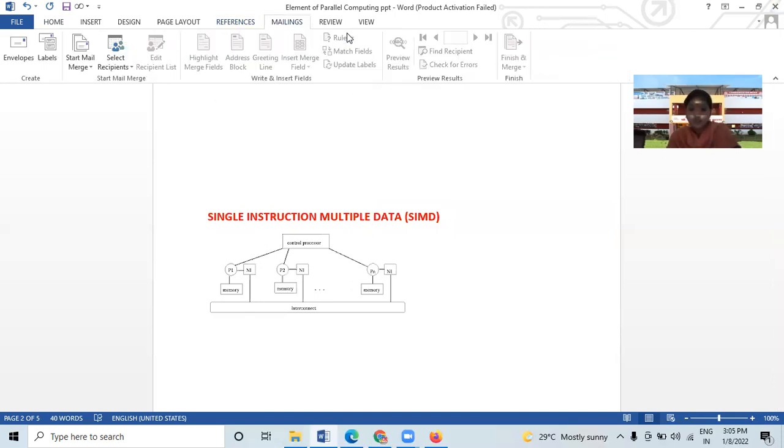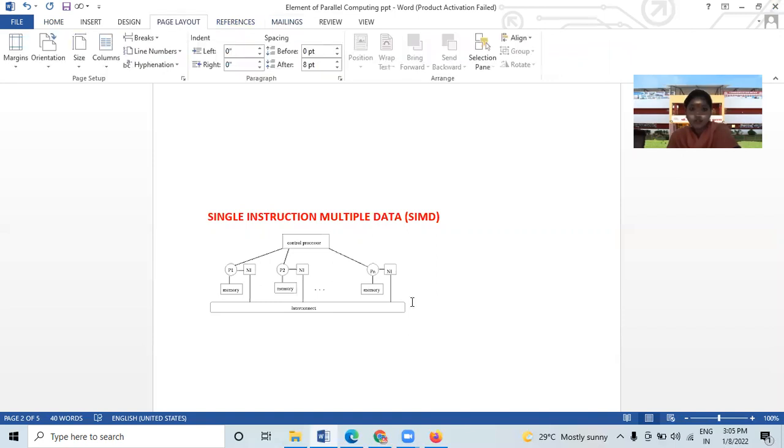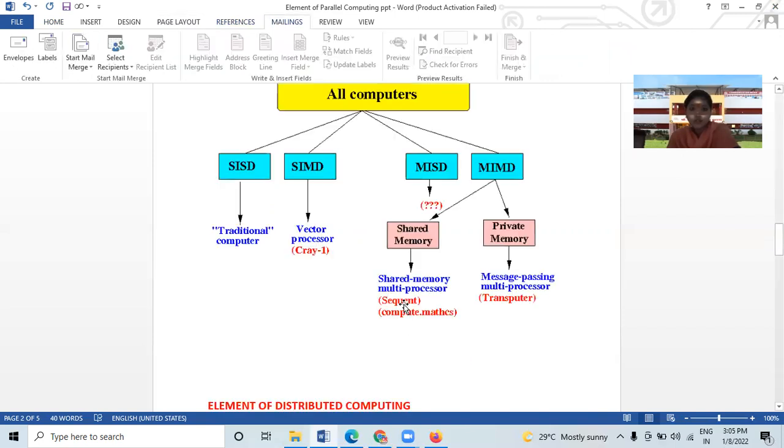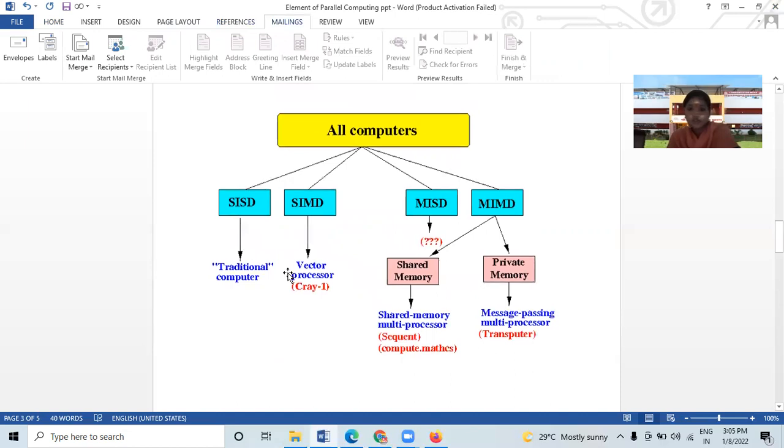Here this diagram is given: single instruction single data, single instruction multiple data, MISD and MIMD. Okay, so we have to study this particular diagram. SISD is traditional computers, then vector, then MIMD is shared memory and private memory, and shared memory both. So let's discuss it.